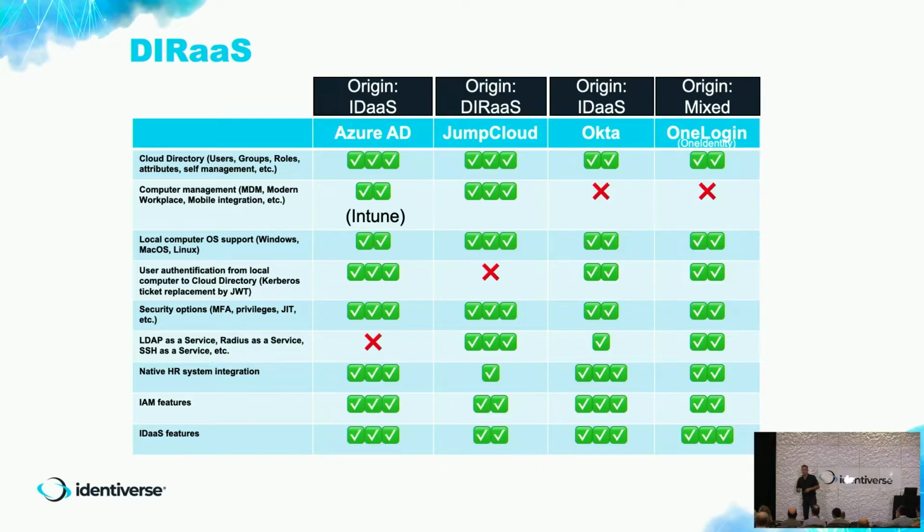Second one is JumpCloud. JumpCloud is an American-based company. And from the really beginning, they decided to focus only on directory as a service. So they don't care about, you know, this single sign-on portal. They provide something, but it's not very good. They really focus on directory as a service, okay?